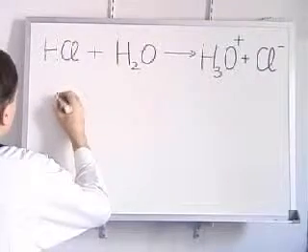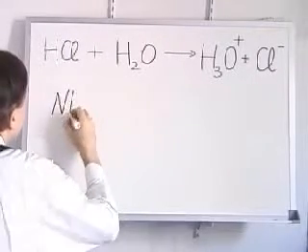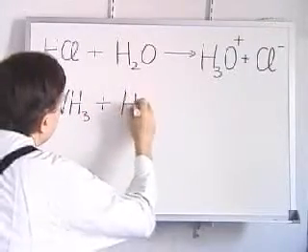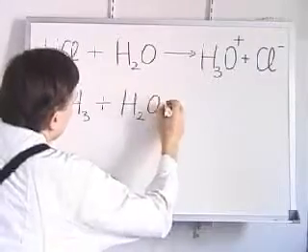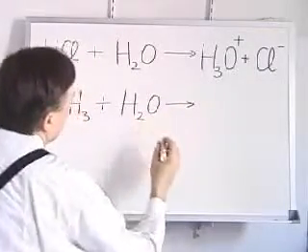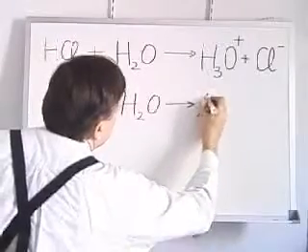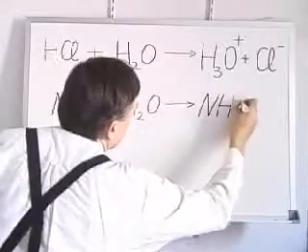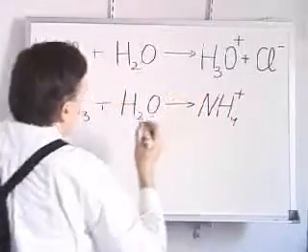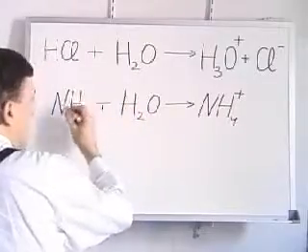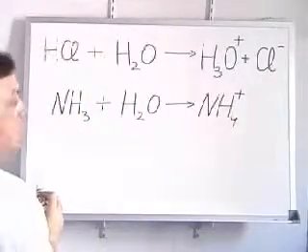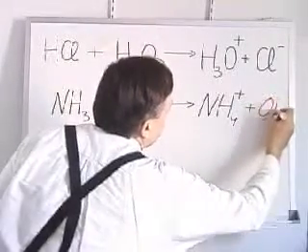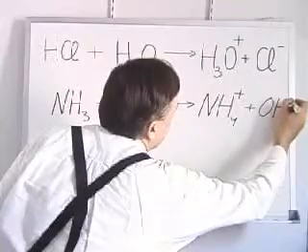Similarly, when ammonia gas is dissolved in water, it acts as a base, accepting a proton from the water molecule and turning itself into its own conjugate acid, the ammonium ion. The water donates a proton to the ammonia and turns itself into its own conjugate base, the hydroxide ion.